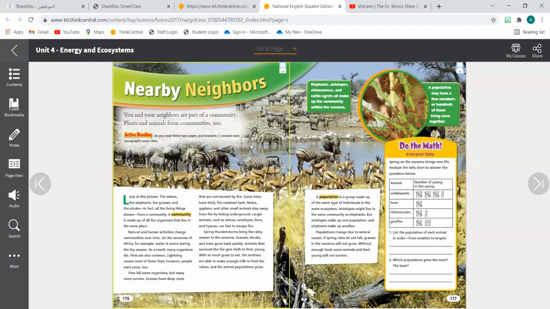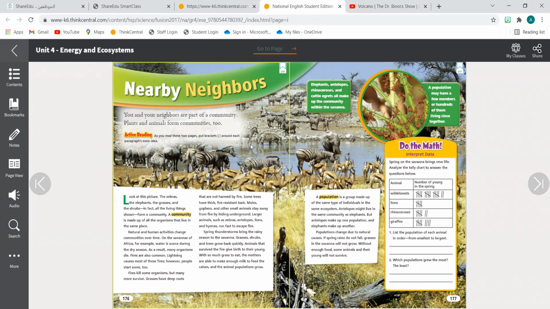Or I can talk about only deer and there is a bunch of them. So I will say a population of deer. Sometimes I have so many elephants, or so many rhinos. If I'm talking about only one group of them, the same type, I'm talking about what?